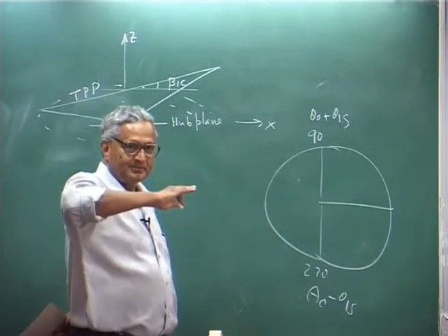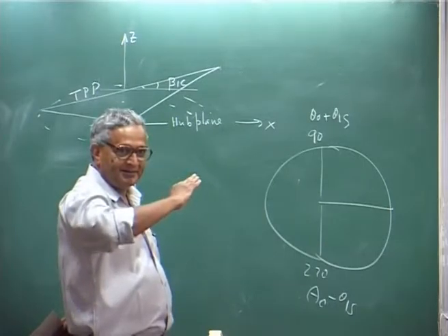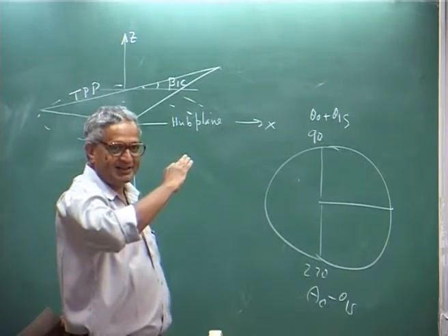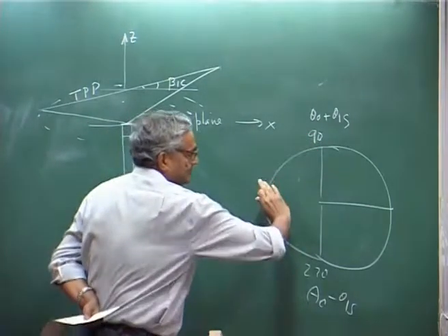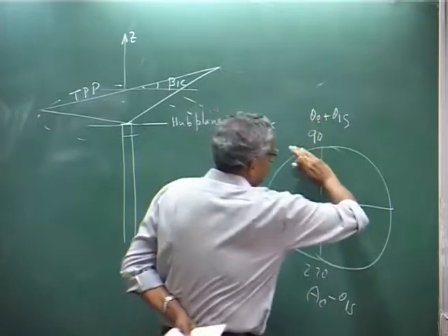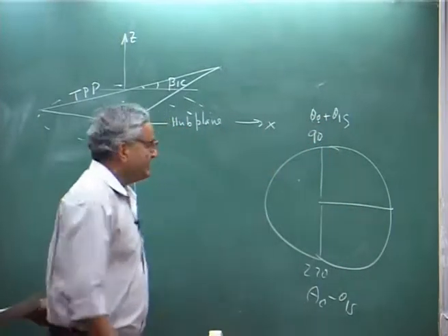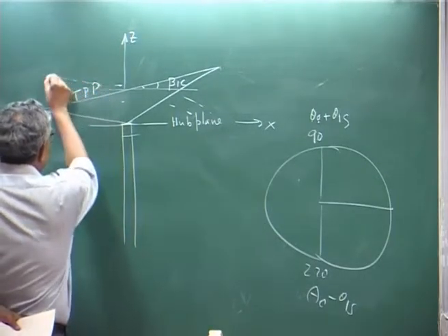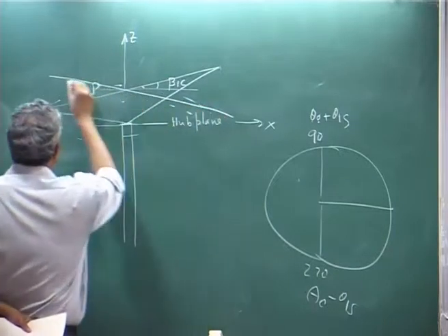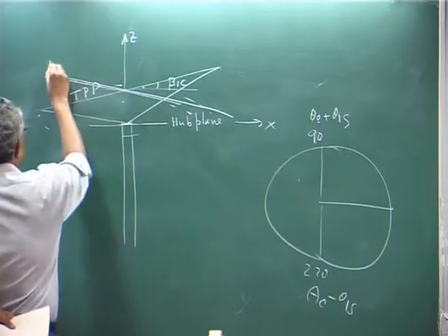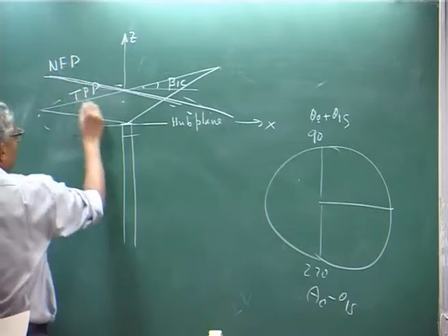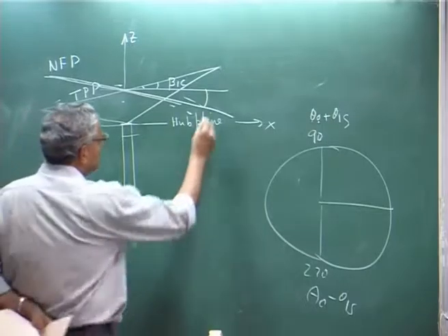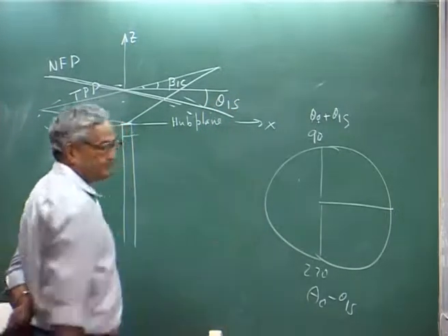That means, the plane should tilt a little this way, because theta naught is same, theta 1 you have gone up, that means, you are trying to reduce the angle. So, your no feathering plane will be, I may draw like this, no feathering plane with this angle, that is theta 1s.